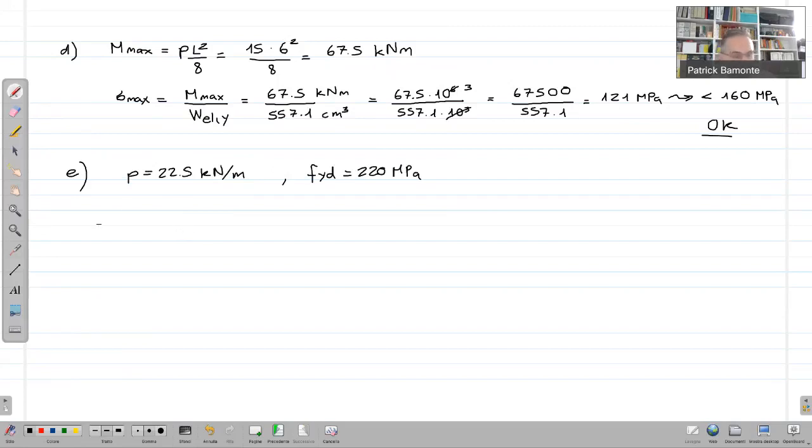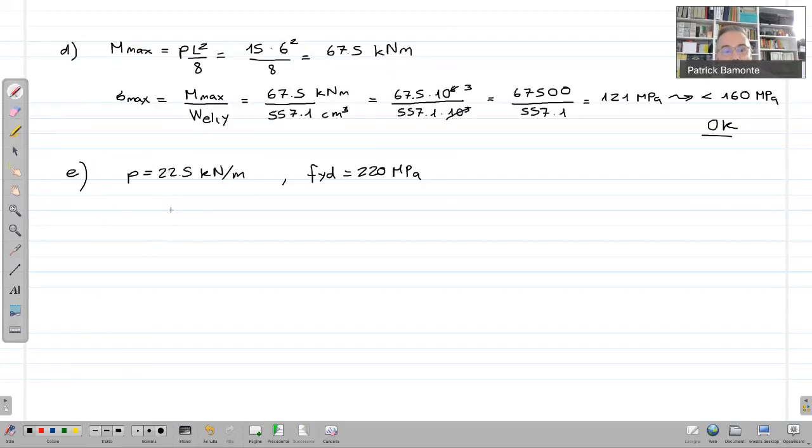The question of point E was, check the section of the beam designed previously at the ultimate limit state, which means we now have to assume not an elastic distribution, but a plastic distribution, as was explained during the class where we focused on the behavior from the serviceability limit state to the ultimate limit state.